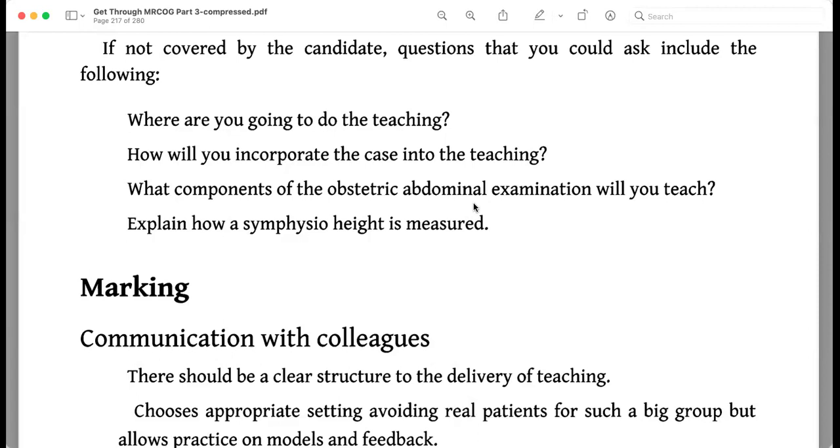Then you come to the point: what component of the obstetric abdominal examination will you teach? So this was my question, and this is a very common mistake in the technique: candidates hear the question from the examiner in a structured discussion or a teaching task like this, and they start to answer something else.